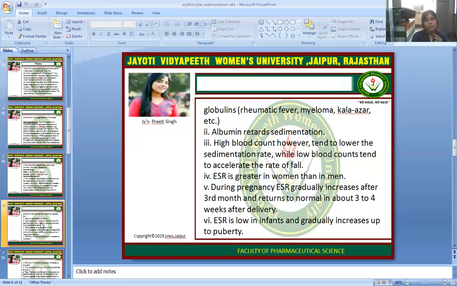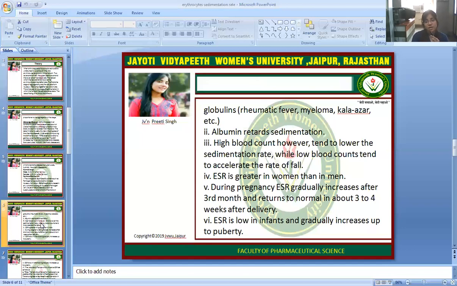Albumin retards sedimentation. A high blood count, however, tends to lower the sedimentation rate, while a low blood count tends to accelerate the rate of fall. ESR is greater in women than in men.